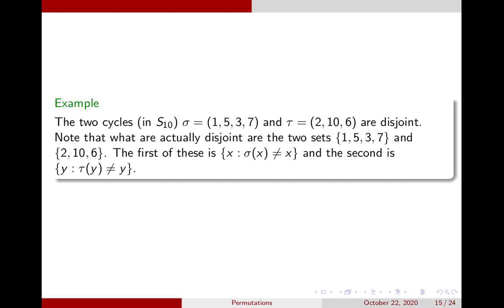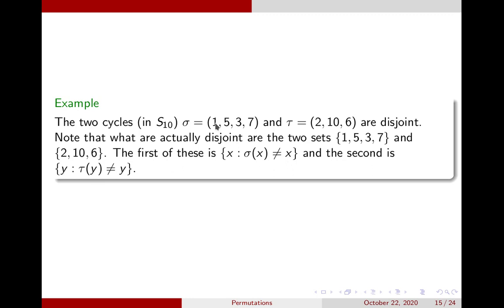What's really disjoint are the two sets, 1, 5, 3, and 7, and the set 2, 10, 6. Those two sets have no elements in common. The first of these sets, 1, 5, 3, 7, is the set of numbers x for which sigma of x is not equal to x. Right?